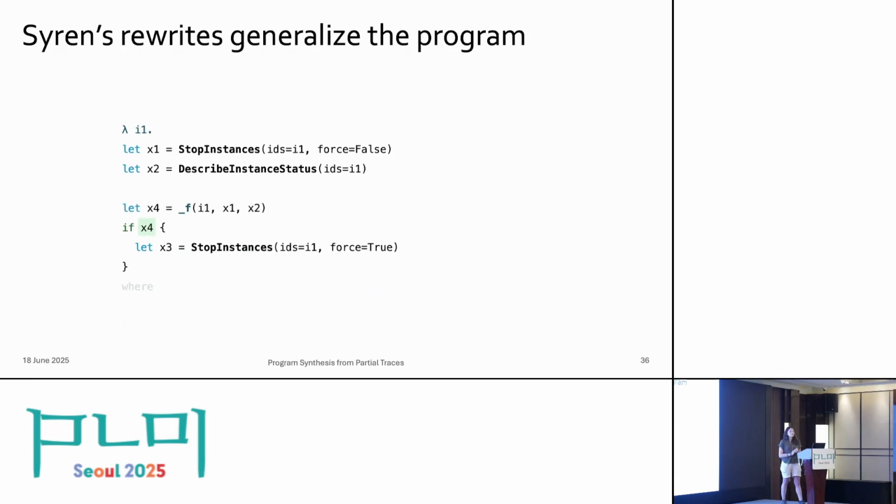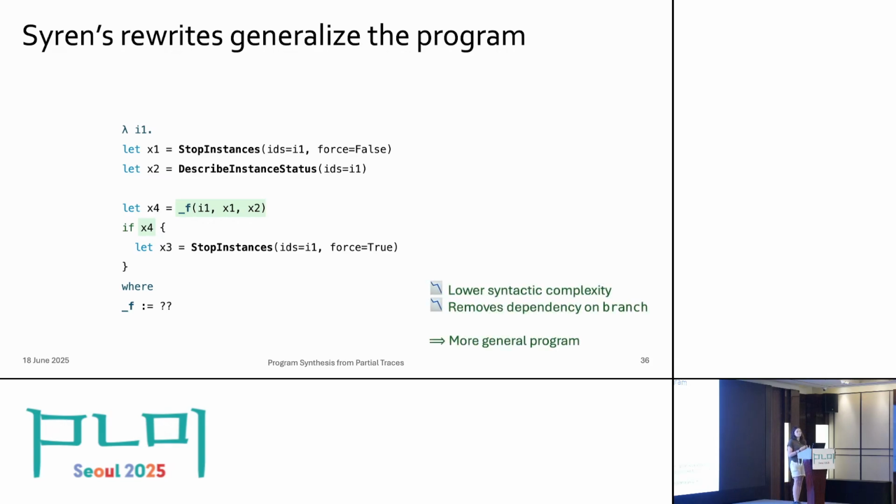So the way Siren finds that out is by replacing this use of the variable branch with a now undefined function f that takes as input all the parameters available in the program for now. So the output of the two API calls, as well as I1, which we take as a parameter. This will once again lower the syntactic complexity of our program and remove the dependencies on branch and make our program more general.